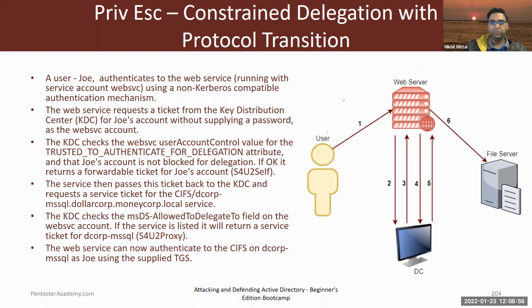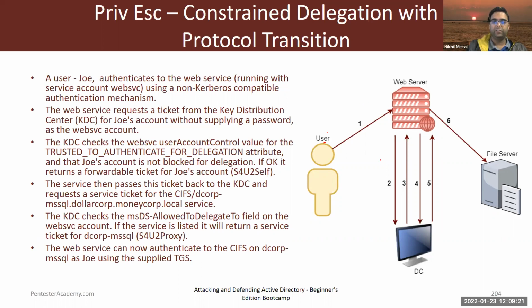So how is that done? Let's take a look. So this user here authenticates to the web server using a non-Kerberos compatible auth mechanism. For example, form authentication. What is form authentication? Let's say when you type gmail.com in your browser and provide your credentials. That is what form authentication is.